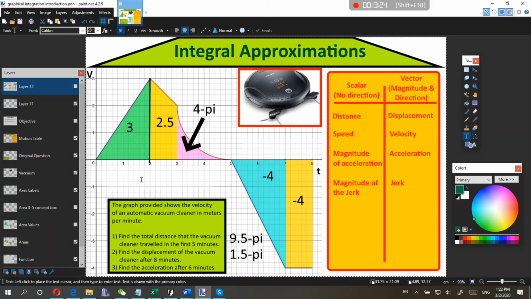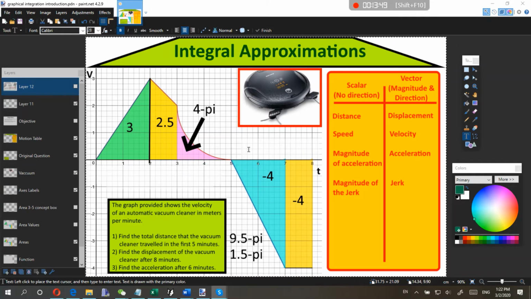Okay, if I wanted to find acceleration after 6 minutes, then because this is a velocity graph, I would need to derive. Kyle, how could I derive this function at 6 minutes? The m function? Yep, so I've got this function that we're graphing right now.